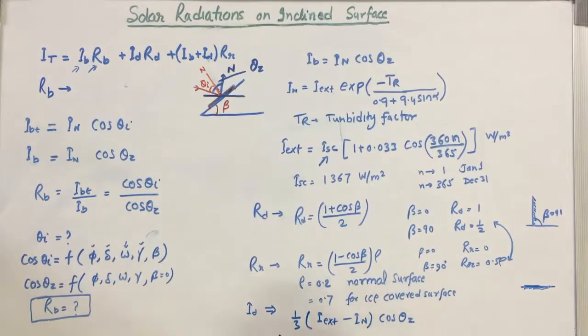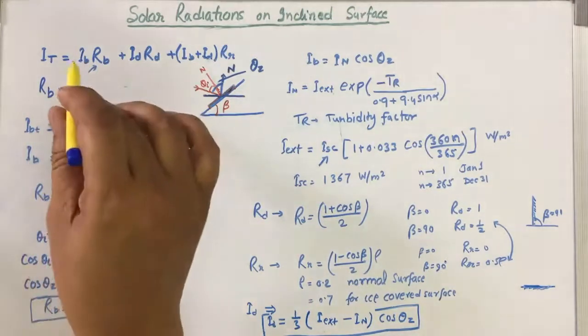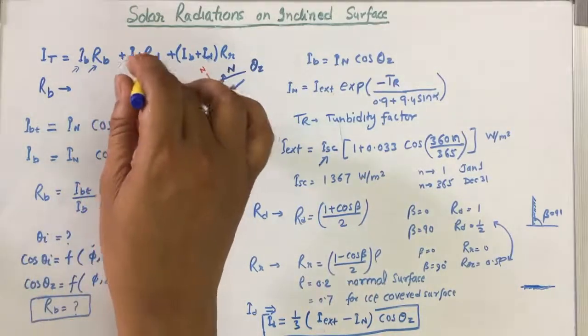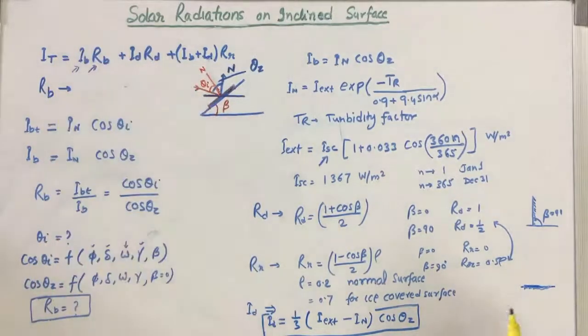So this is the formula that tells us about ID. If we know this, and we know this, then we can find ID. These terms we have calculated already for IB, so we can place those values and find ID. So in this way, ID, RD, RB are known.